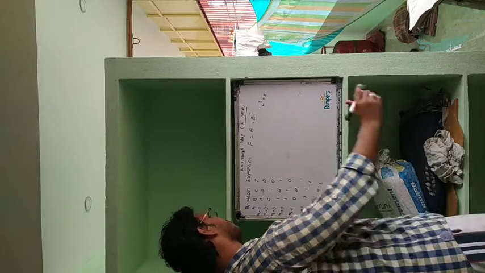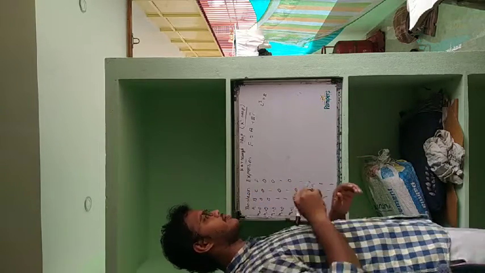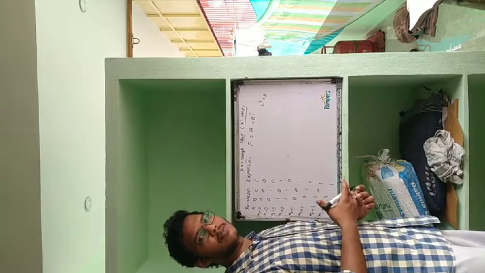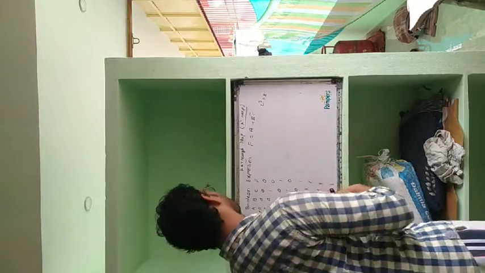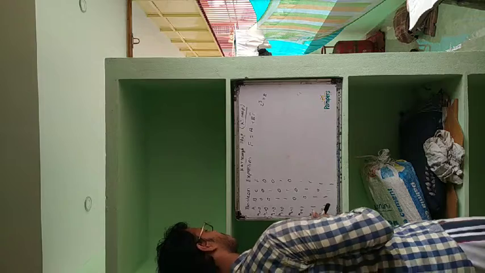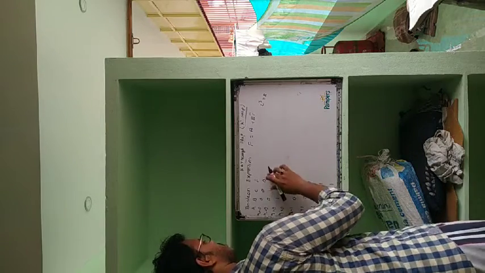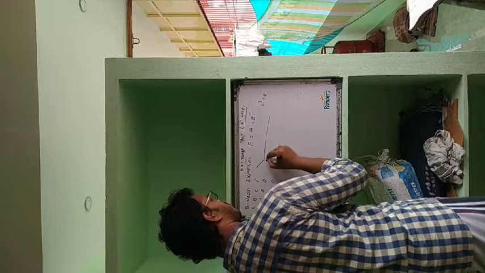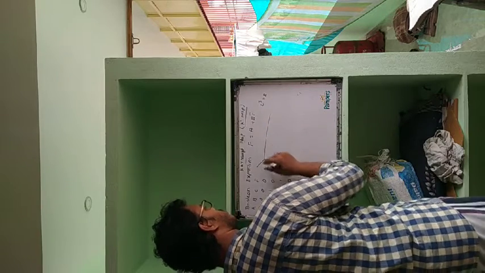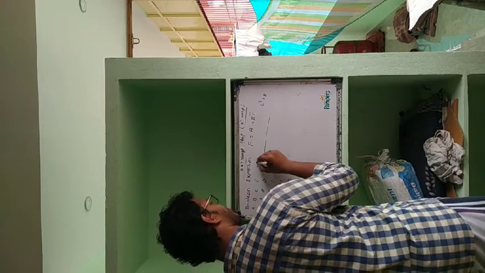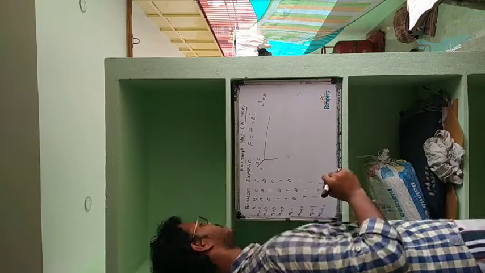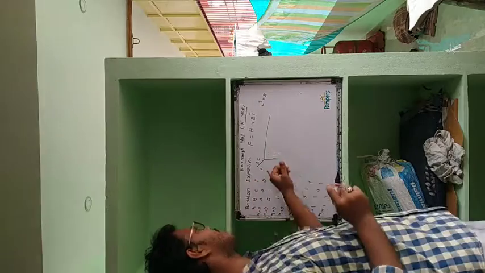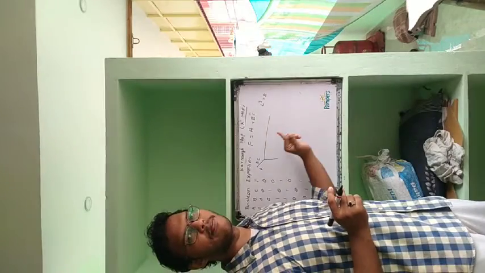The next rule is we have to make the cells. First we have to make a table accordingly. So we have to write A, B, C. In K-map, we have to start with MSB.